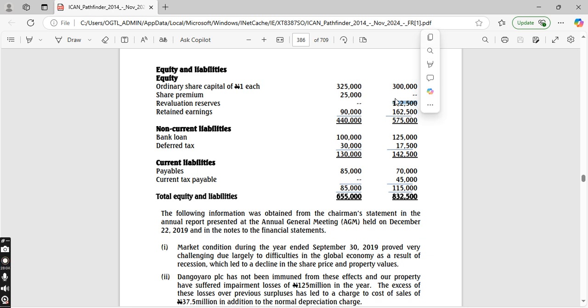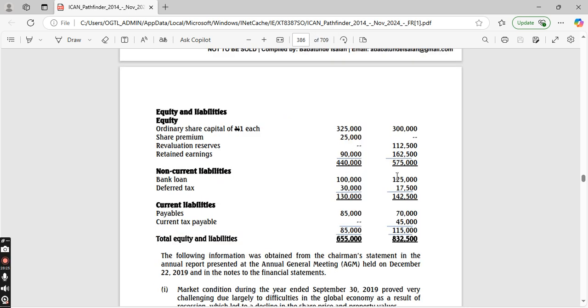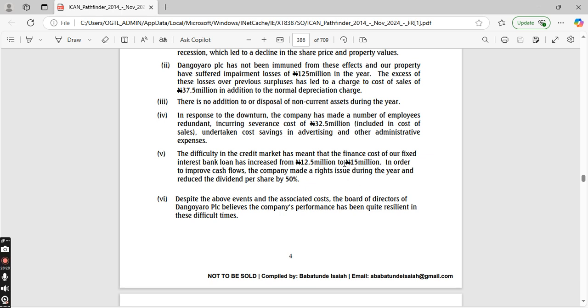So this surplus of 112,500, we have deducted it from this 125 million in the year. The difference is what we kept in our cost of sales. That's 37.5. Do we understand? The difference between this 125 million and the 112,500 is what we have kept in our cost of sales for the year. You can see how hypocritical companies can be.